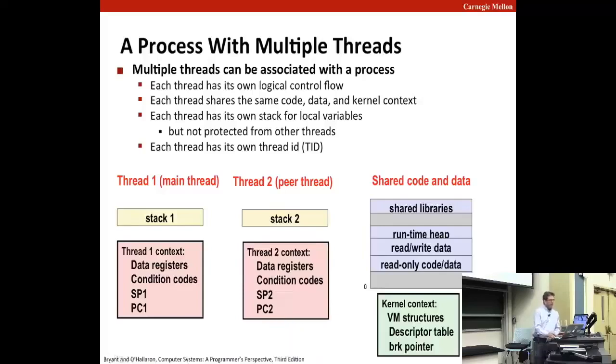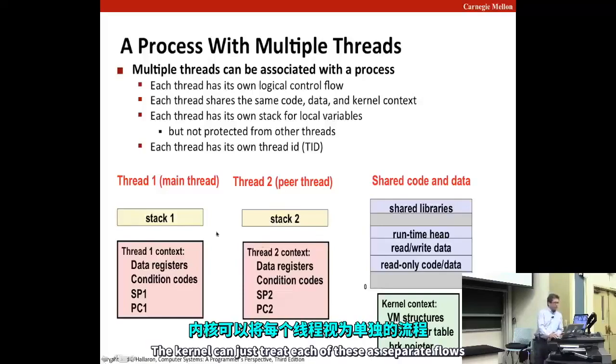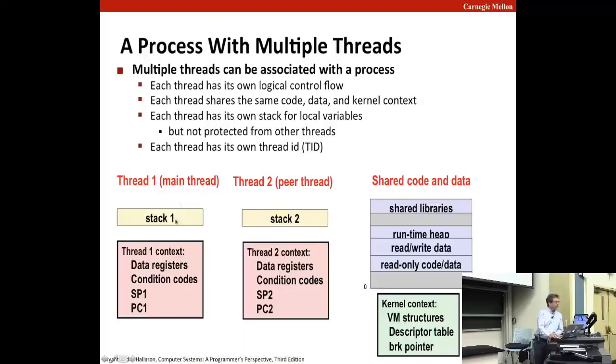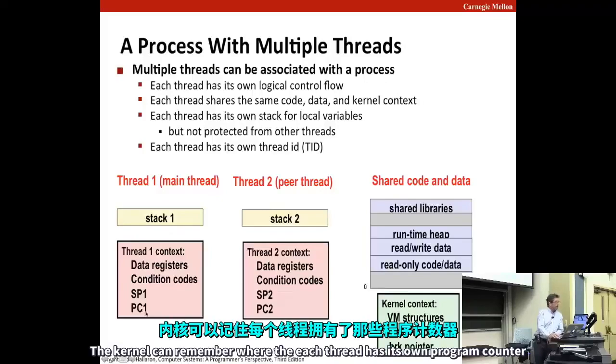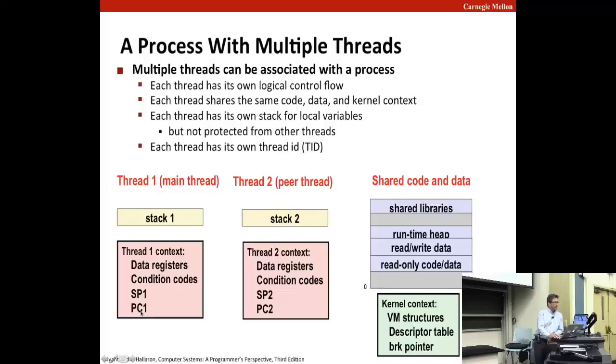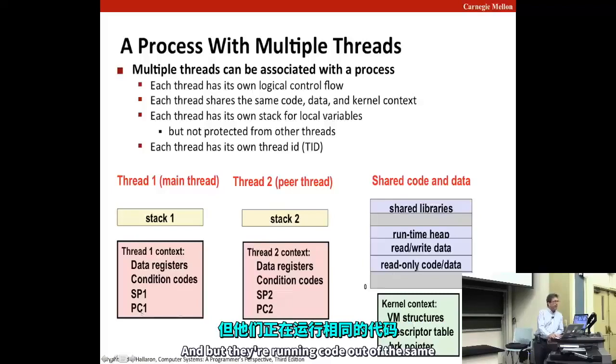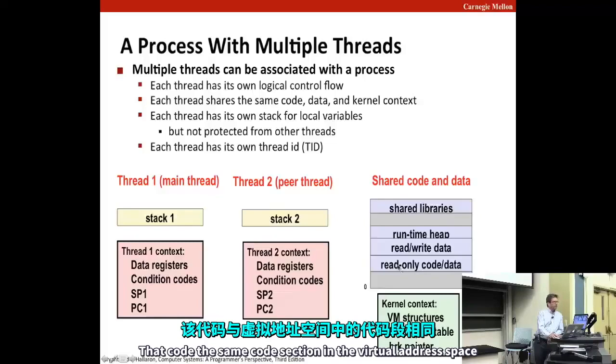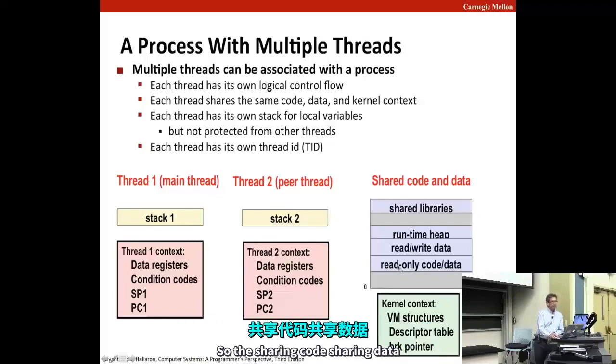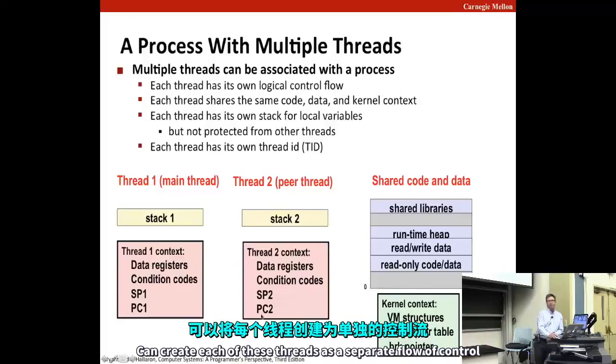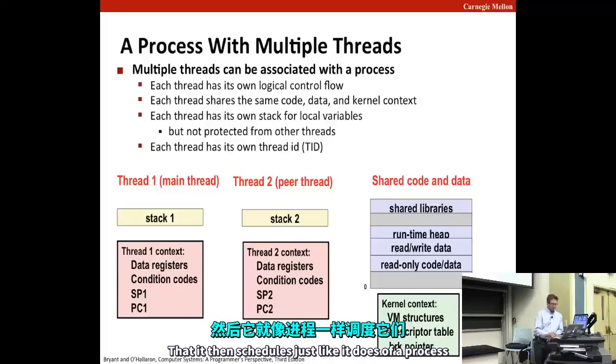So now the kernel can treat each of these as separate flows, just like a process. The kernel can remember that each thread has its own program counter, but they're running code out of the same code section in the virtual address space. So they're sharing code, sharing data, but they have their own program counter, so the kernel can create each of these threads as a separate flow of control that it then schedules, in a similar way to a process.